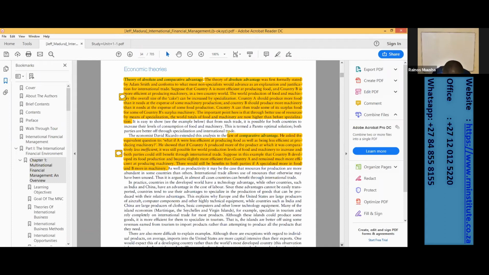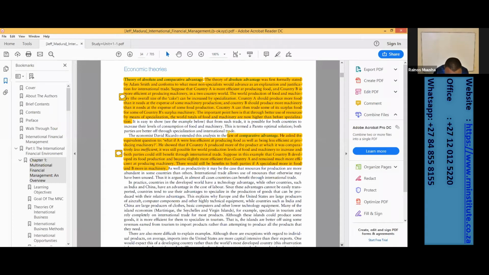Country A can then trade some of its surplus food for some of country B's surplus machinery. The important point here is that through better use of resources by means of specialization, the world totals of food and machinery are now higher than before specialization.